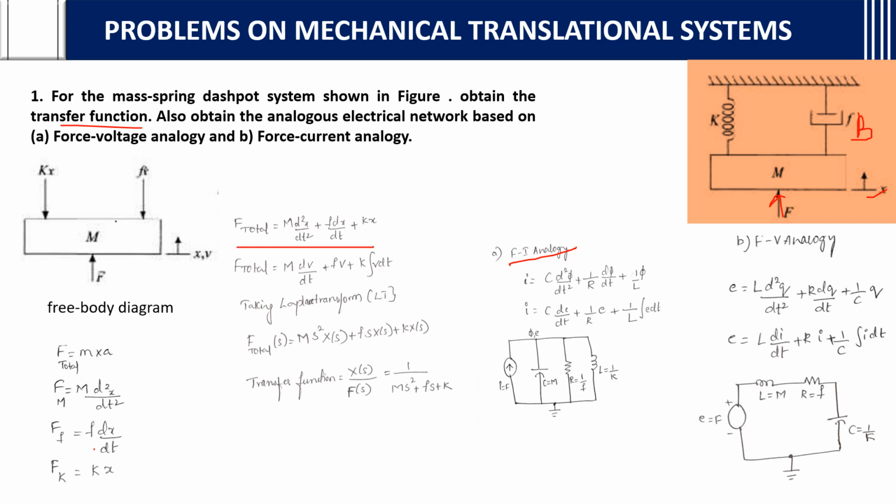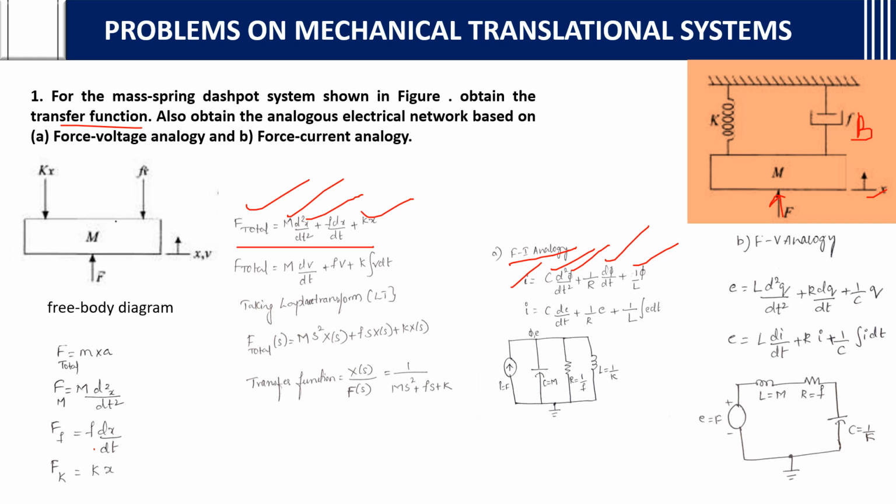In it, F will become I, M will become C, d square x by dt square will become d square phi by dt square, dx by dt will become d phi by dt, f becomes 1 by R, and the spring element K will become 1 by L, that is inductance.